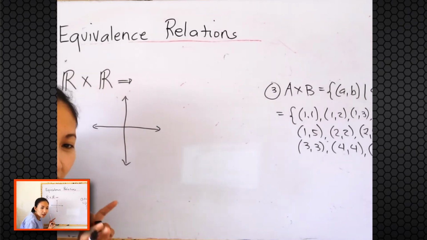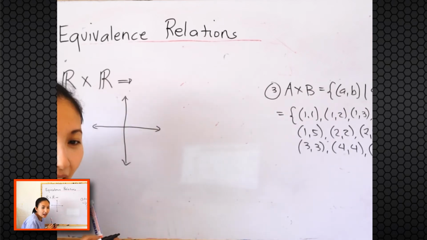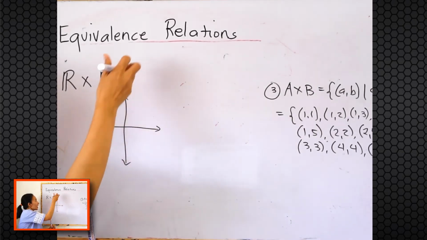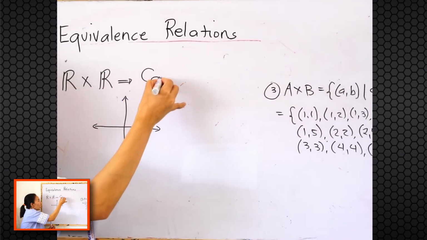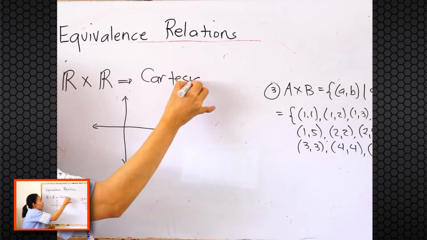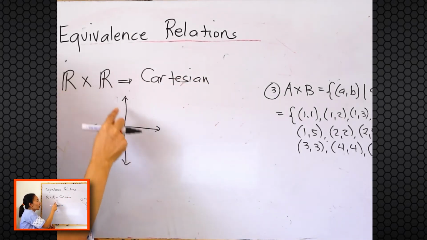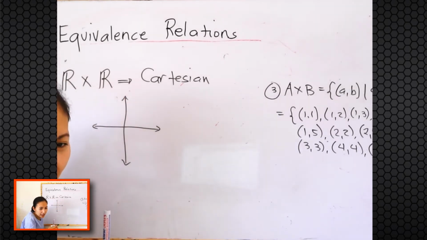Set of all ordered pairs such that x, y are real numbers. It's the Cartesian product. This is why R cross R is called the Cartesian product, because if we plot all the elements of R cross R, it's in fact the Cartesian plane.